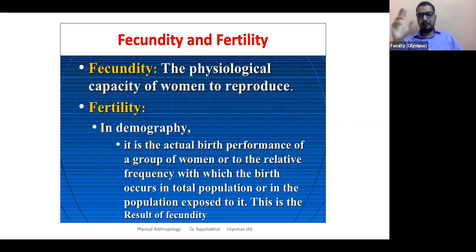So you get a picture: for 100 women, for example, 2.5 children, 3.5 children, 4 children, or 400 children, let's say, are born. So fertility gives us an idea about the growth of a population. And of course, fertility is because of fecundity. We'll discuss later how fecundity differs from fertility, but for now, I hope it is clear that fecundity is the ability, and fertility is the performance or output.